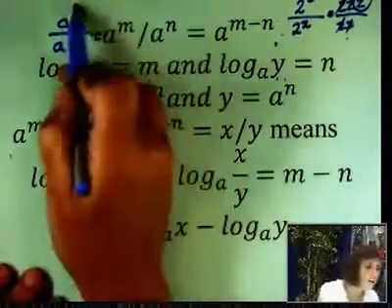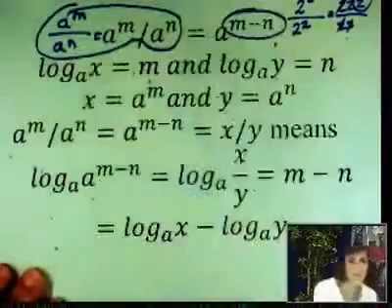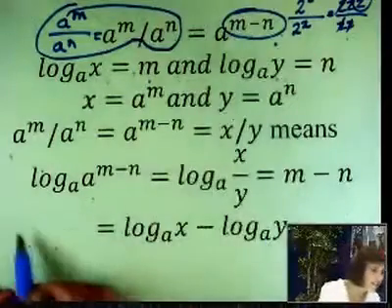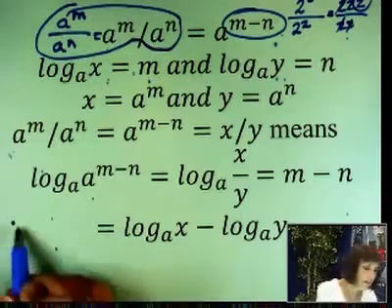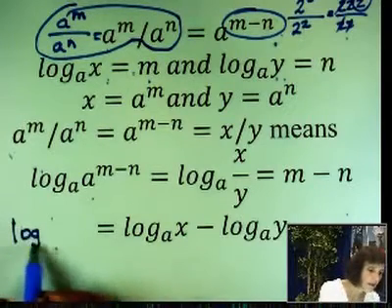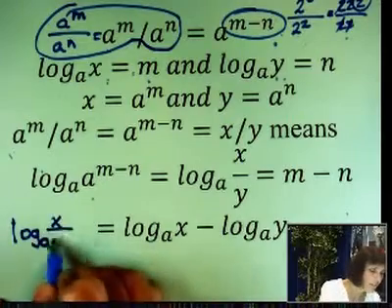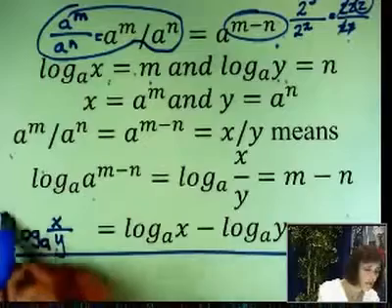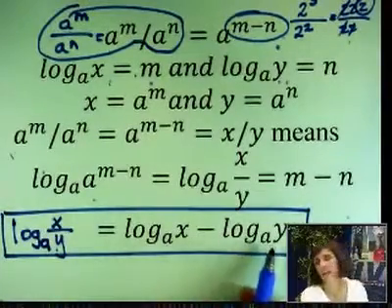So when you divide exponents, you're going to end up subtracting. The counterpart of that is this. Log base a of x over y is simply log base a of x minus log base a of y.